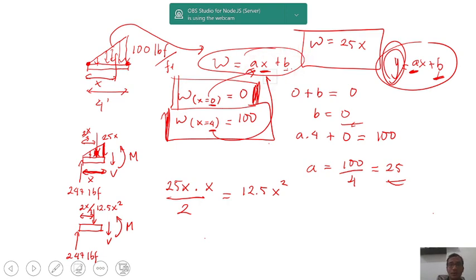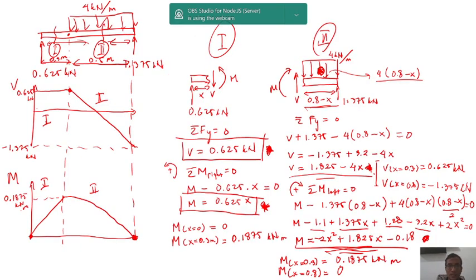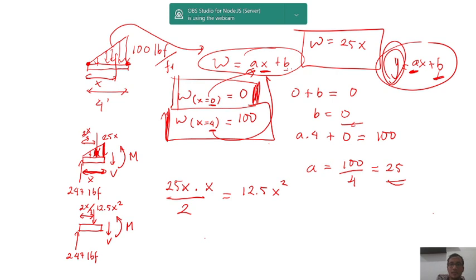When x equal to 0, the w is 0, it will be one equation.